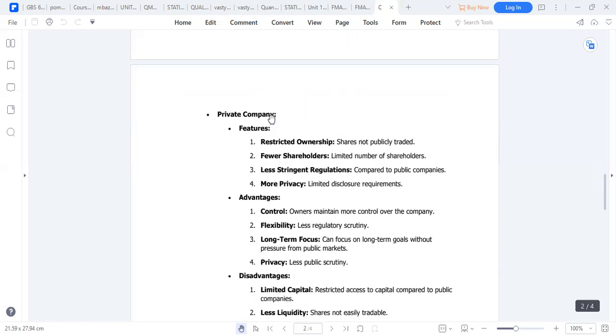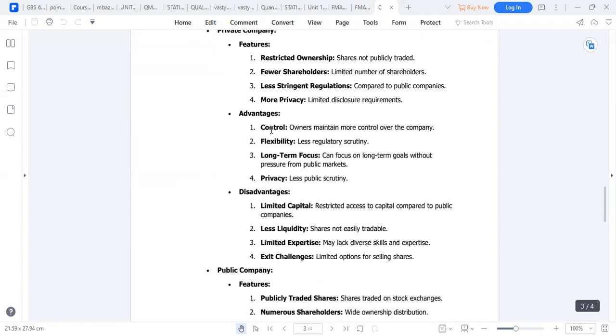The advantage is that there's more control over who enters the company, flexibility, and less scrutiny when it comes to the law. Long-term focus means you can focus on long-term goals without pressure from the markets. You can't always be put under pressure to publicize your accounts or follow market trends. You have your own trajectory to grow. There's privacy in a private company.